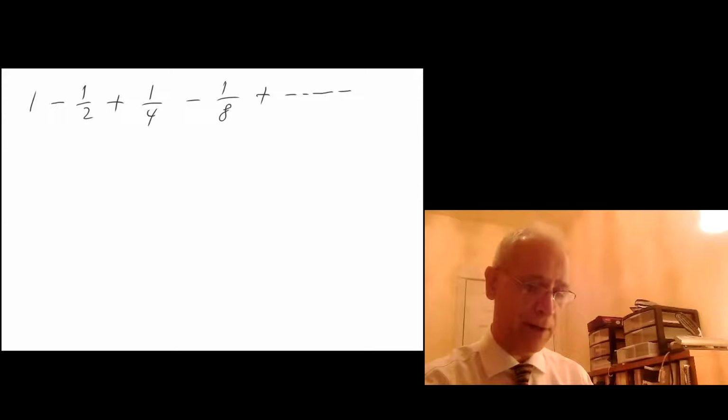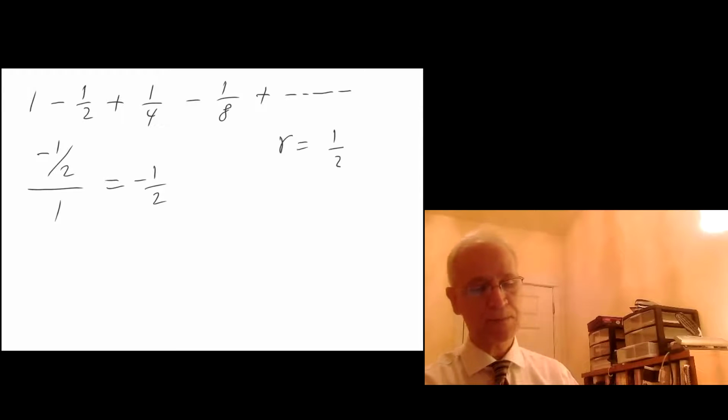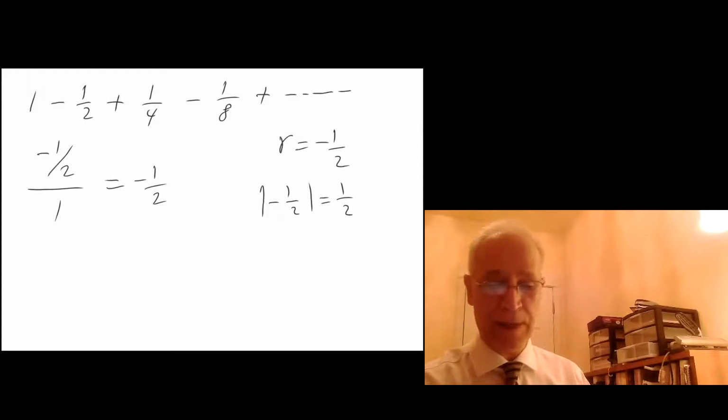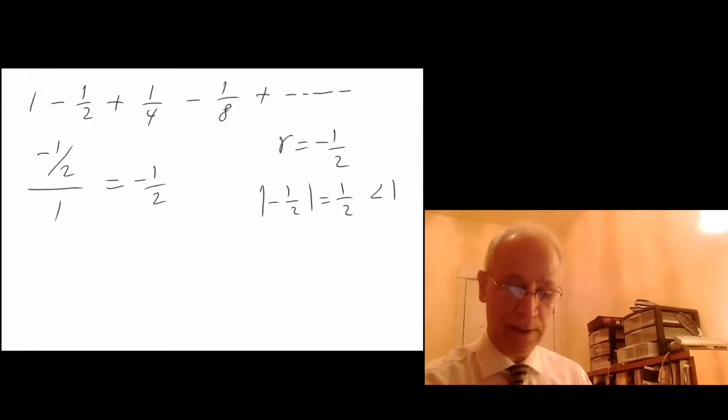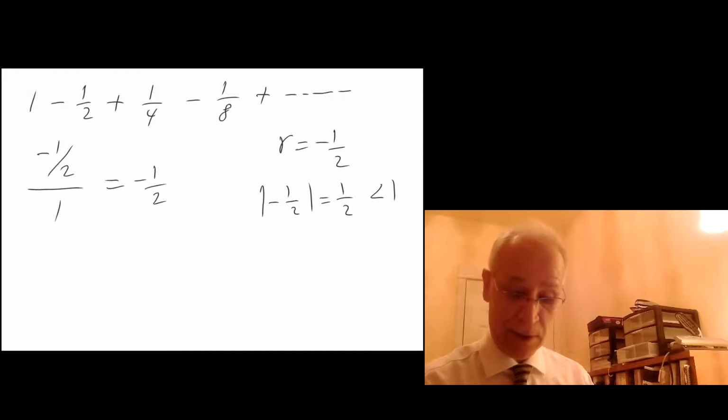In this case, negative 1/2 divided by 1 gives me negative 1/2. So that's my common ratio, r equals negative 1/2. And the absolute value of negative 1/2 is positive 1/2, that is smaller than 1. So this geometric series is convergent.